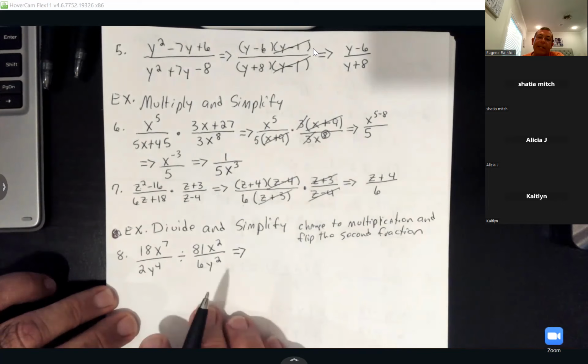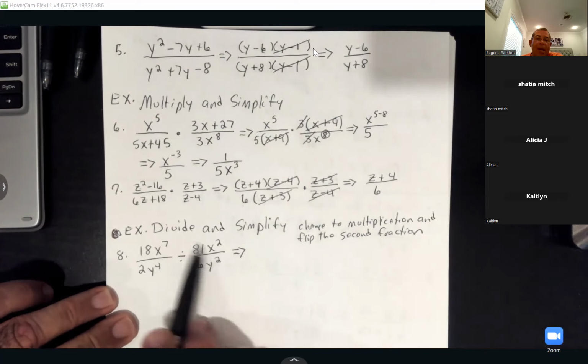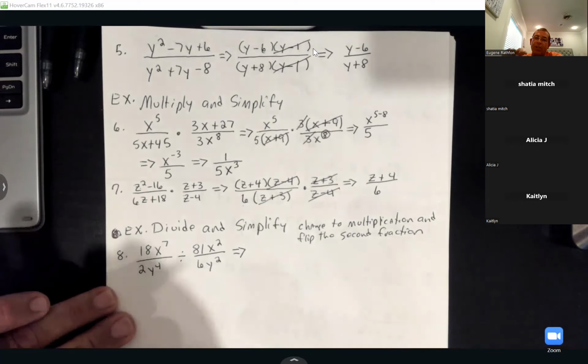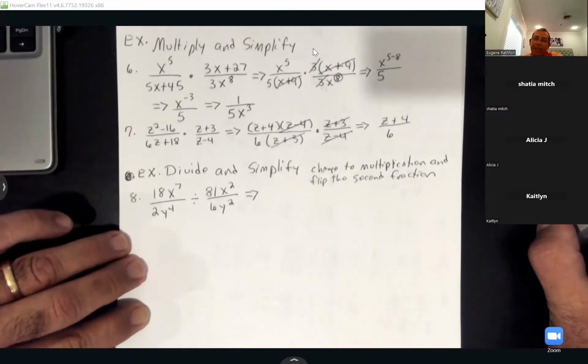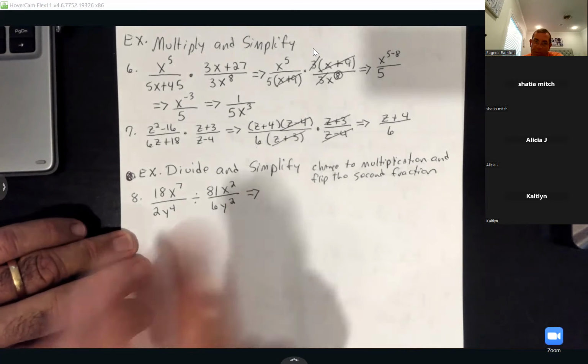So then it basically will turn into a multiplication problem. Now you cannot cancel anything while you're dividing. You got to change it into multiplication first. Once you change it into multiplication, then you start trying to simplify, okay?